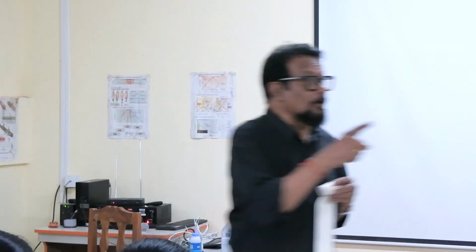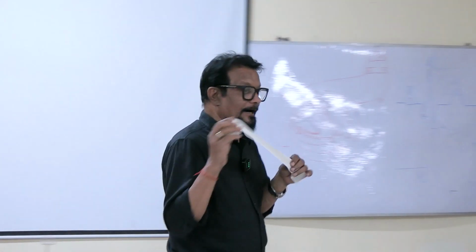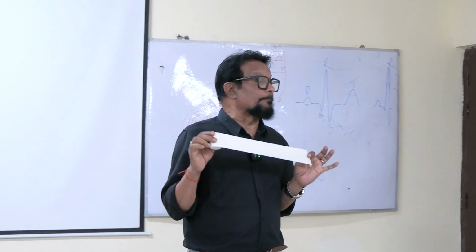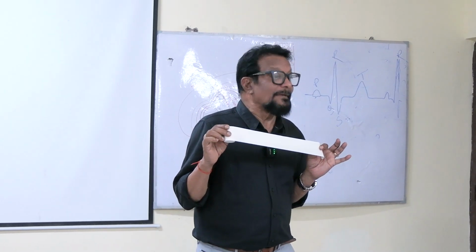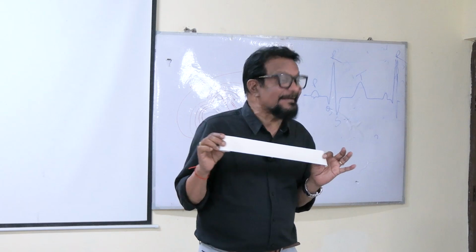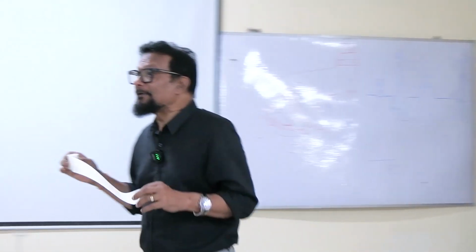And this paper moves at a speed of 25 millimeter per second. The 1 millimeter corresponds to a certain amount of time. What is this time? 25 millimeter per second is the paper speed.